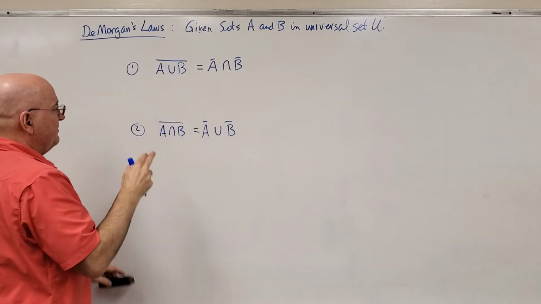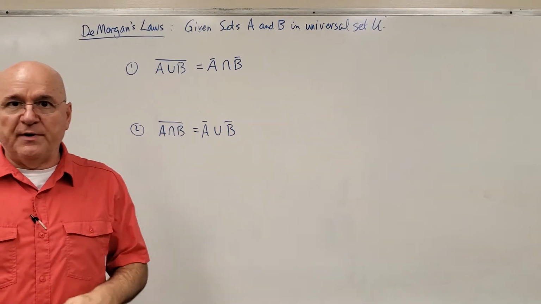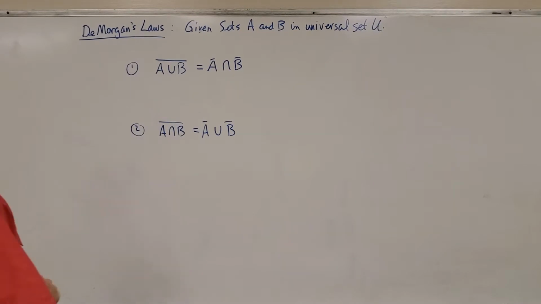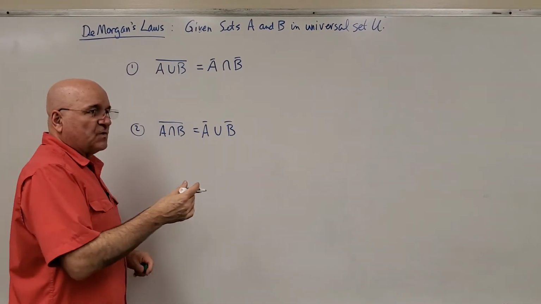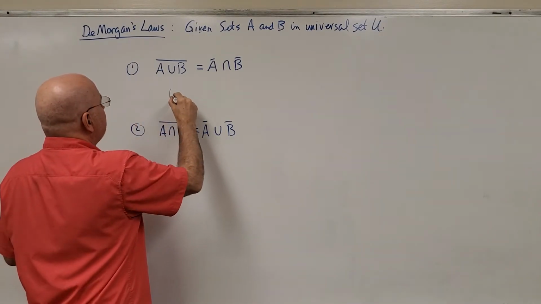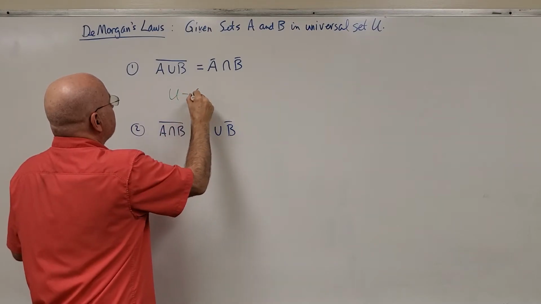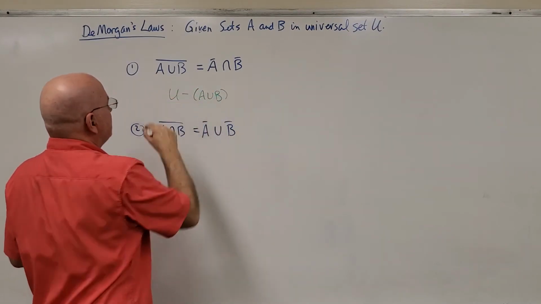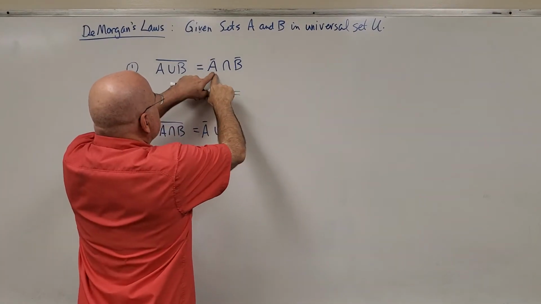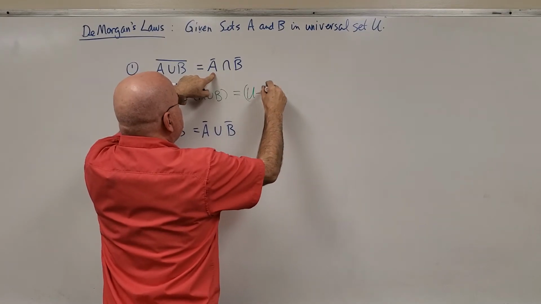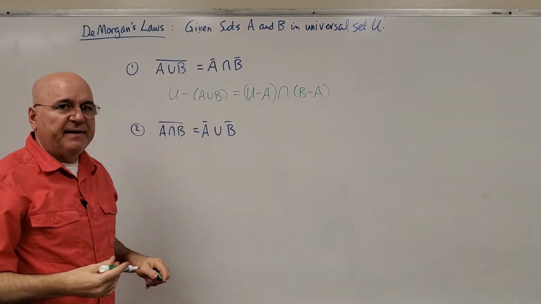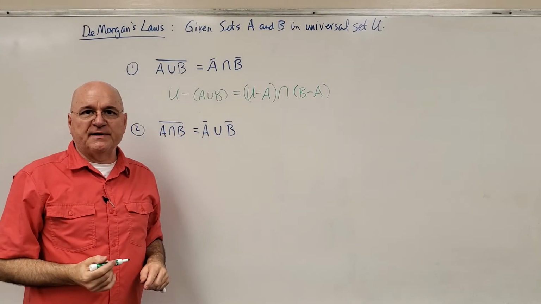All right, now let's compare this to theorem 0.3 that we looked at. I'm going to use a different color. All right, remember what the complement of A union B is. Another way of writing that is it's the entire universe minus A union B. That's the complement of A union B. Equals, well, this is U minus A, the universe minus A, intersected with U minus B. I think if you compare that to theorem 0.3, you'll see they're very similar.